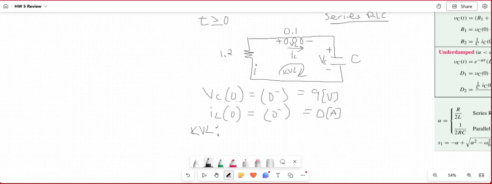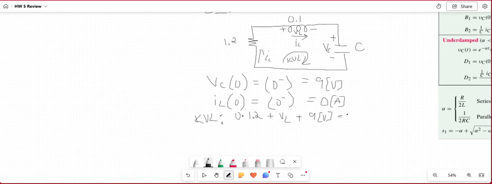We start over here, and the current going through this whole circuit is just IL. So we have IL times 1.2, and IL of 0 we got was 0 amps, so 0 times 1.2, plus VL, plus VC of 0, which we got to be 9 volts, and that's equal to 0. Rearranging, we get VL of 0 equals negative 9 volts.